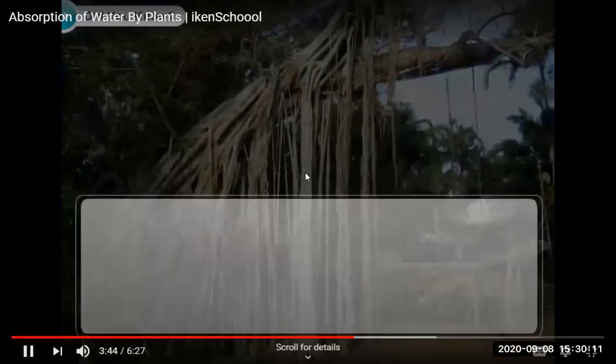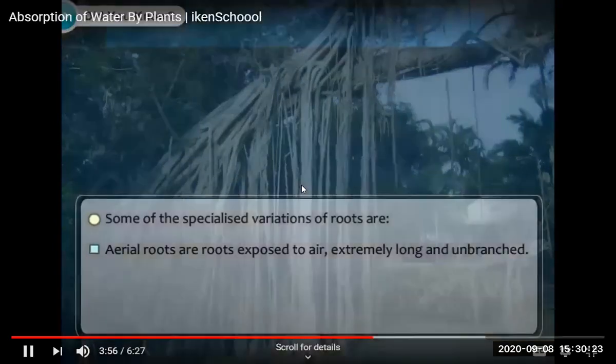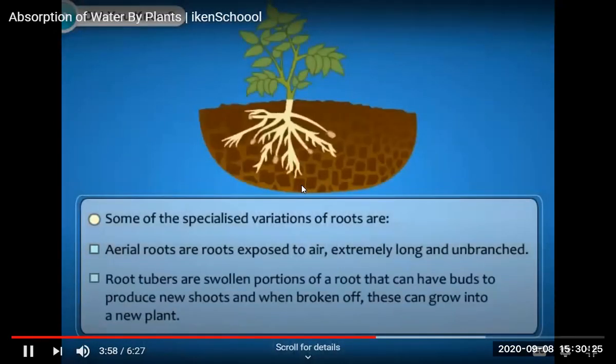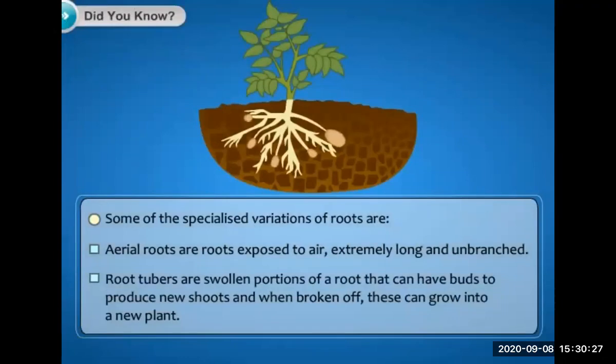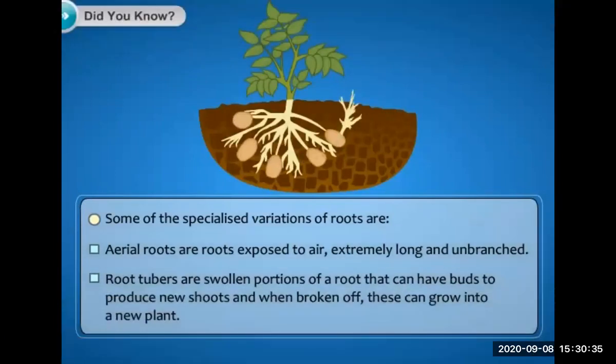Did you know some of the specialized variations of roots are aerial roots, which are roots exposed to air, extremely long and unbranched. Root tubers are swollen portions of a root that can have buds to produce new shoots, and when broken off, these can grow into a new plant.